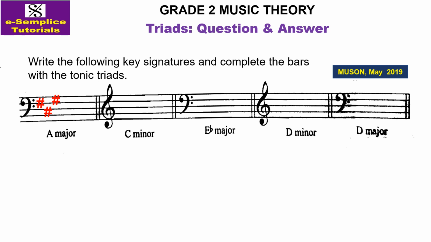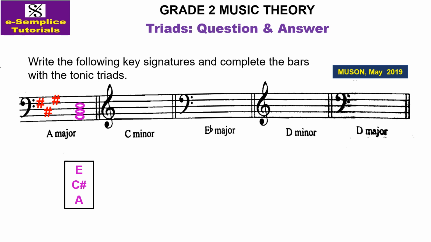Definitely, since it is tonic, it is the tonic note that will be in the root. So the tonic here is A. The 3rd above it will be C sharp, and the 5th above it will be E. Let's put this on the stave. Have A, C sharp, and E.